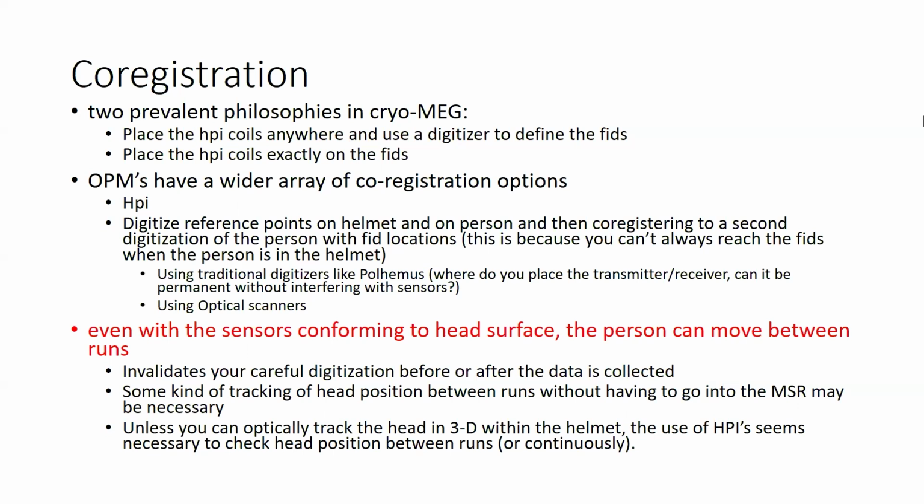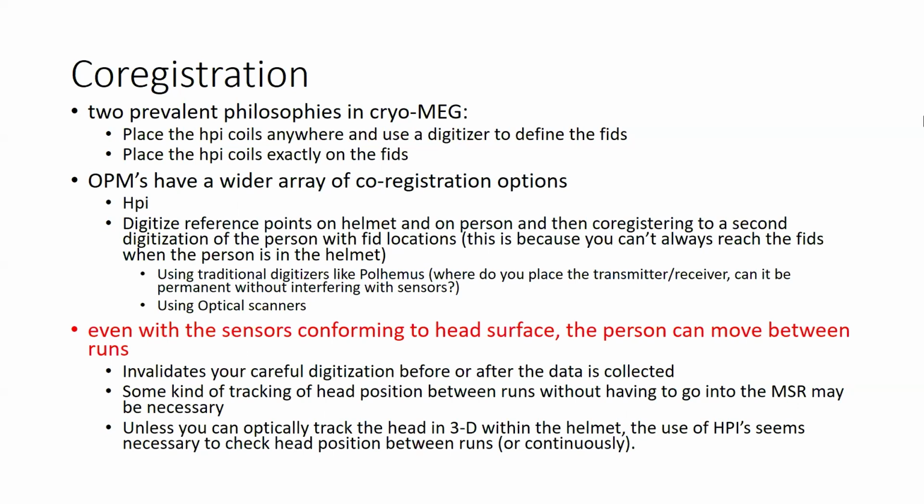As I've been collecting patients with epilepsy, I have found that that process is actually not suitable, unless you're able to somehow figure out where they are in the helmet while they're in that MSR with the door closed. Any method that you do before or after, you risk losing information in terms of where the person is within the helmet.